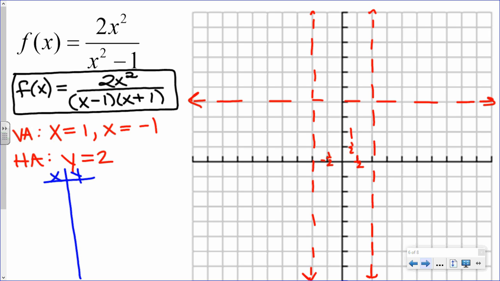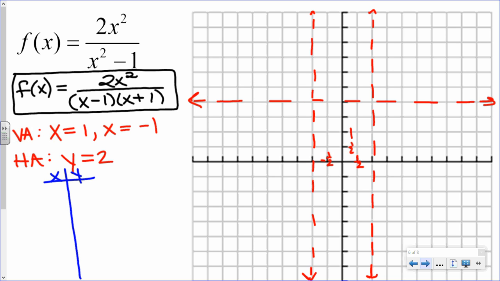Let me remind you that on the test, I'm not going to allow a graphing calculator because I want you to come up with these graphs on your own. All right? So let's practice without our calculator. Let's go ahead and figure out what's happening on the right and left.